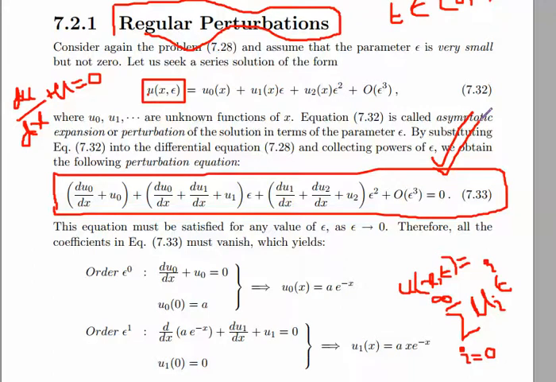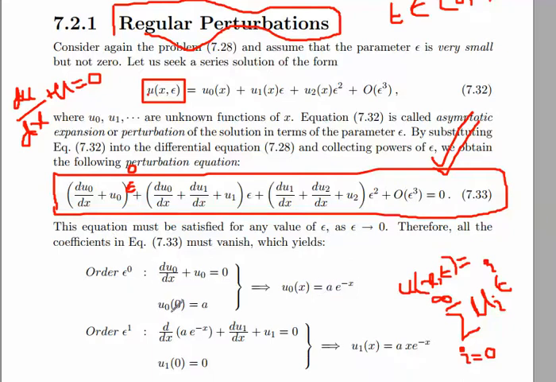The equation must be satisfied for any value of epsilon as epsilon tends to 0. Therefore all the coefficients in this equation must vanish, which yields for epsilon to the power 0 this term: du0/dx plus u0 is equal to 0.